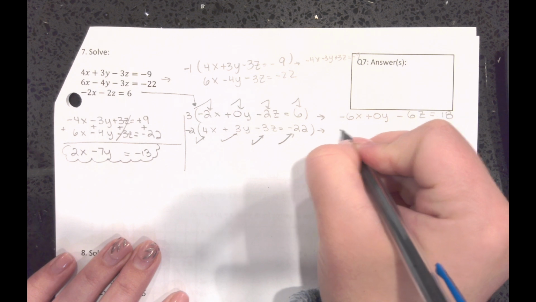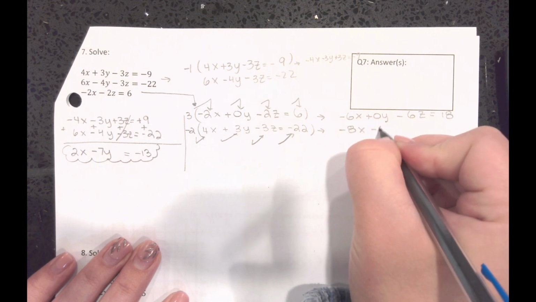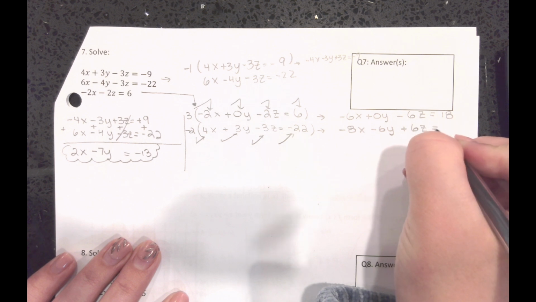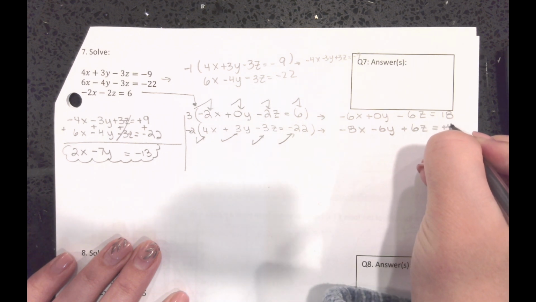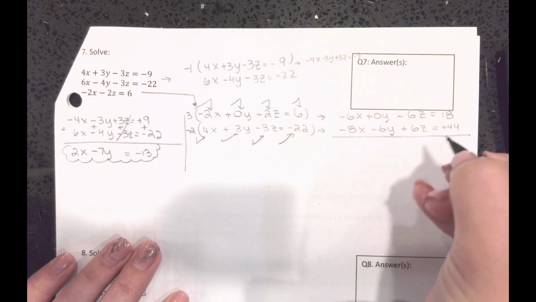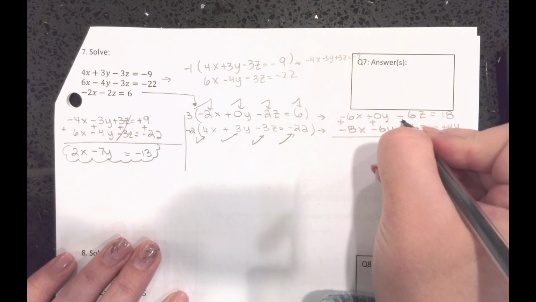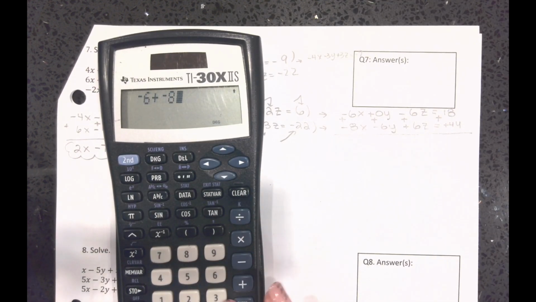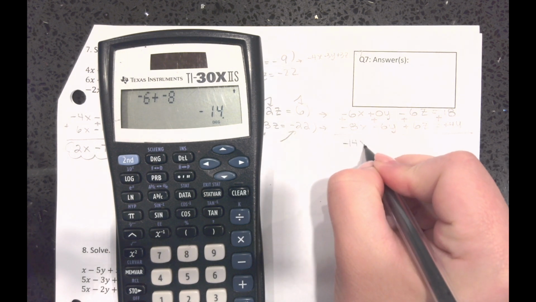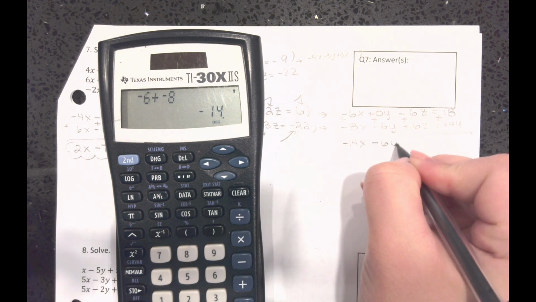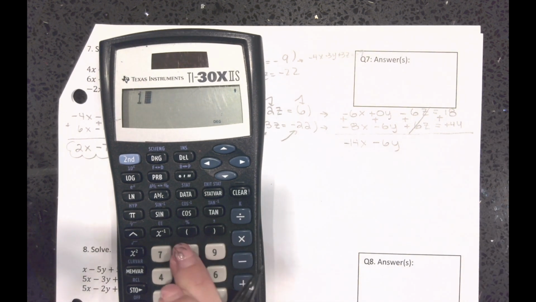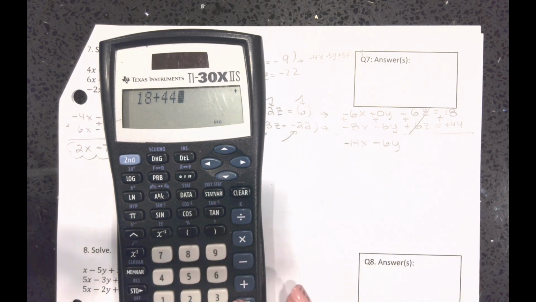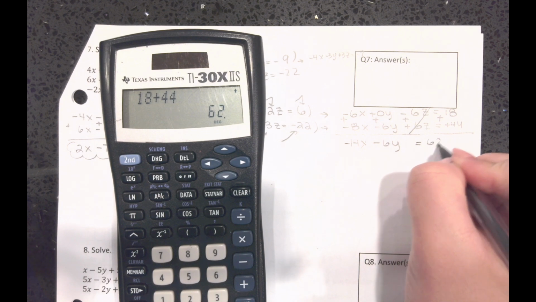Here we have a -8x minus 6y plus 6z is equal to +44. Again, add. So we have -6 plus -8, which is a -14x. Here we have a -6y. Z's are gone. 18 plus 44. Oops, 18 plus 44 is 62.